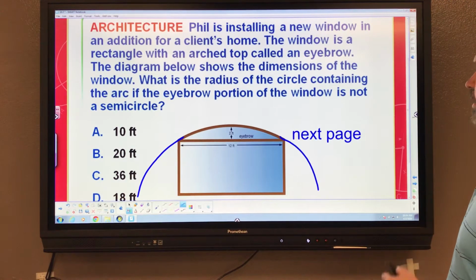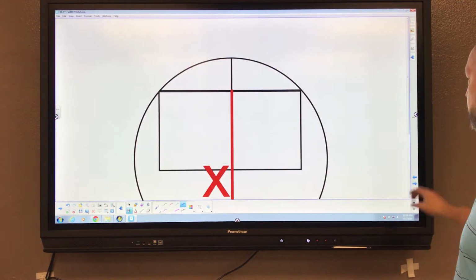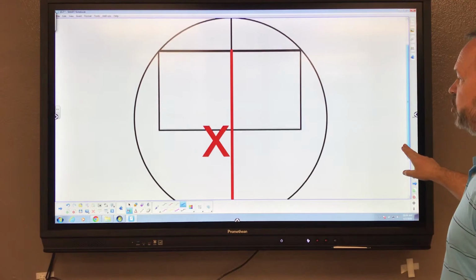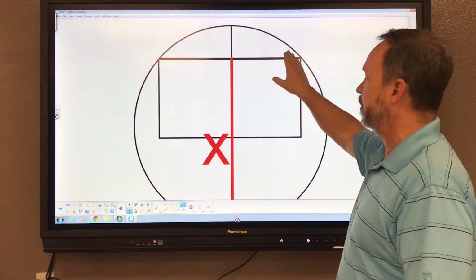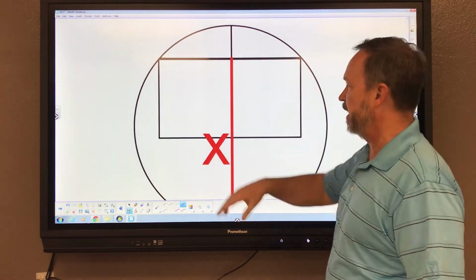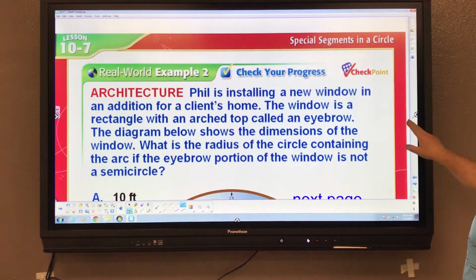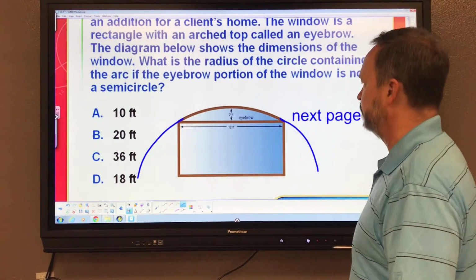So I've got the next page here because we're going to look at it on the next page. We want to know the radius of that circle. So here we have the general idea of our problem. Here's our rectangular window with our eyebrow window above, right? And we've been told that this is 12 feet and this is 2 feet.